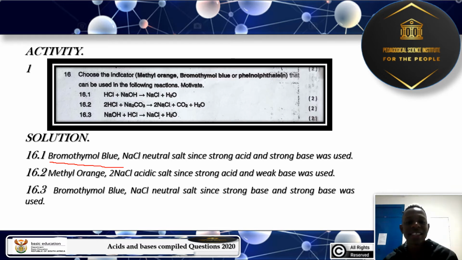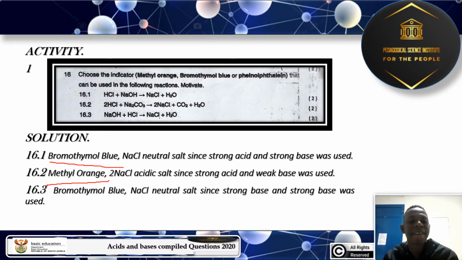So NaCl will be what type of salt? It will be an acidic salt. Why? Because a strong acid reacted with a weak base. That is why the indicator we are going to use is methyl orange.